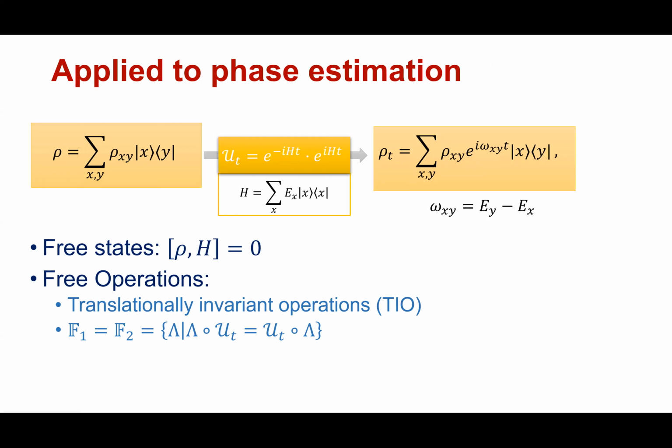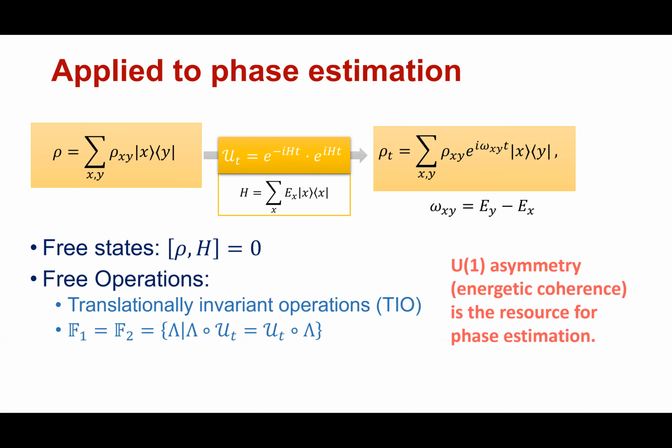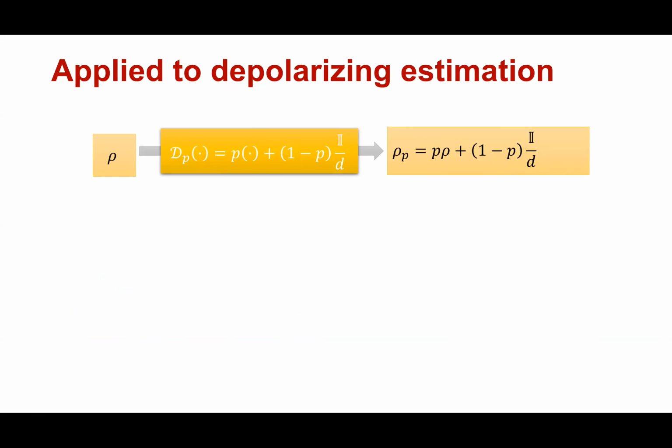Therefore, if we apply our recipe to phase estimation, we find the free states and free operations coincide with U(1) symmetry. Therefore, we can say that U(1) asymmetry or energetic coherence is a resource for phase estimation. And if we apply our scheme to depolarizing estimation, the result is also straightforward.